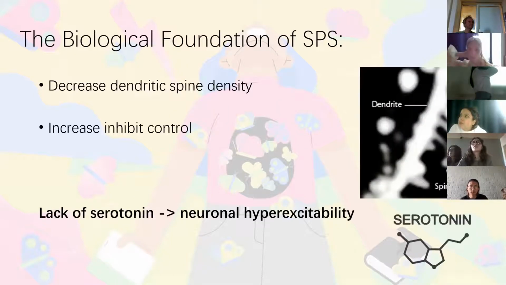What it does is it can decrease your spine density. You can see that picture over there on your neuron. Also, it increases your inhibition control. So a lack of serotonin actually means a higher level of neuronal hyperexcitability. Lack of serotonin, higher hyperexcitability.